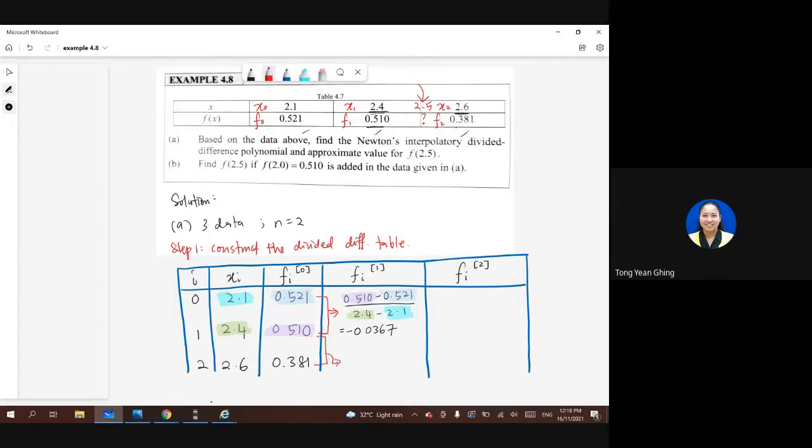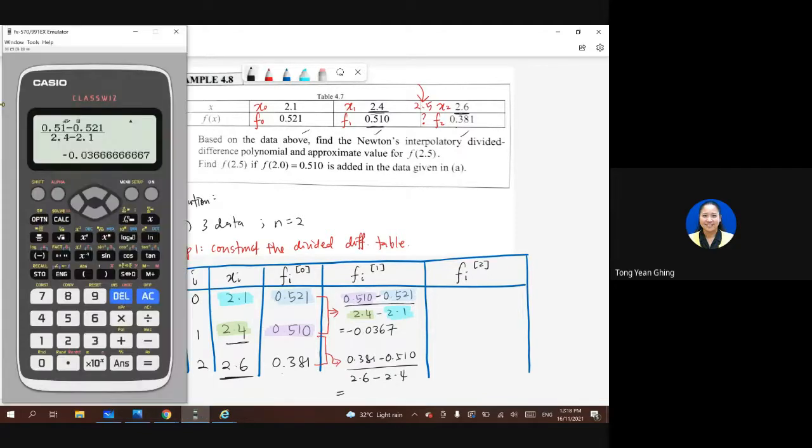Okay. So ini, that means this one, 0.381 minus 0.510 divide by apa? This one x2. 2.6 minus 2.4. So become 0.381 minus 0.51 divided by 2.6 minus 2.4.